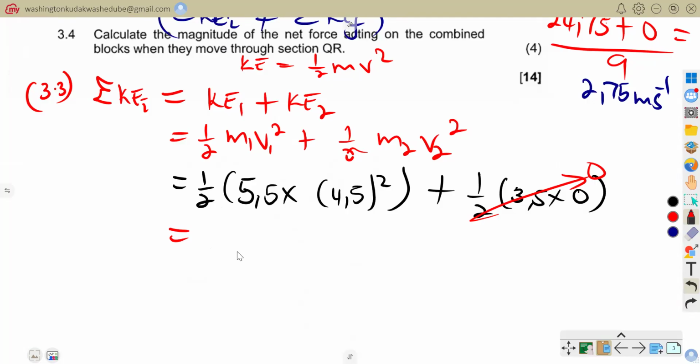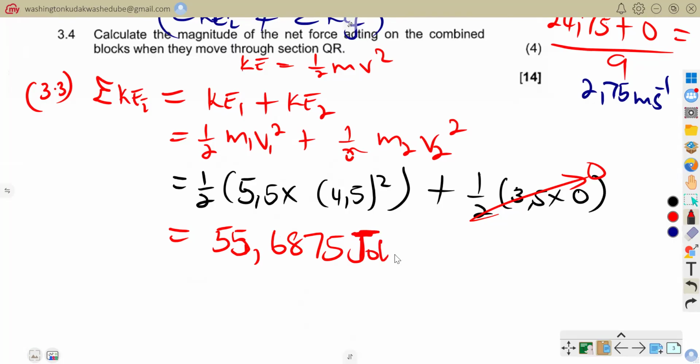Now the answer that I'm getting there is 55.6875. This is in joules.